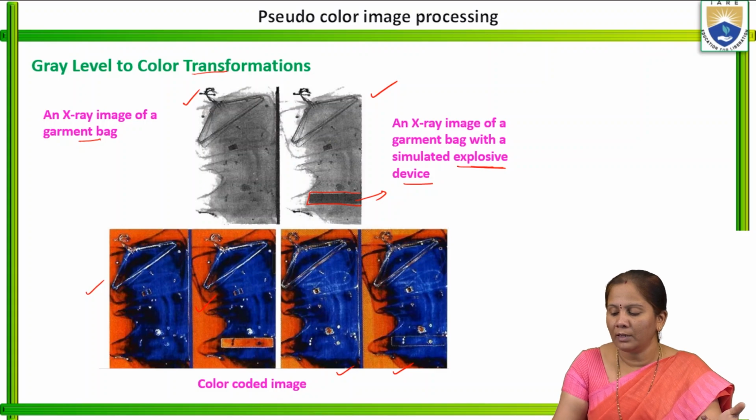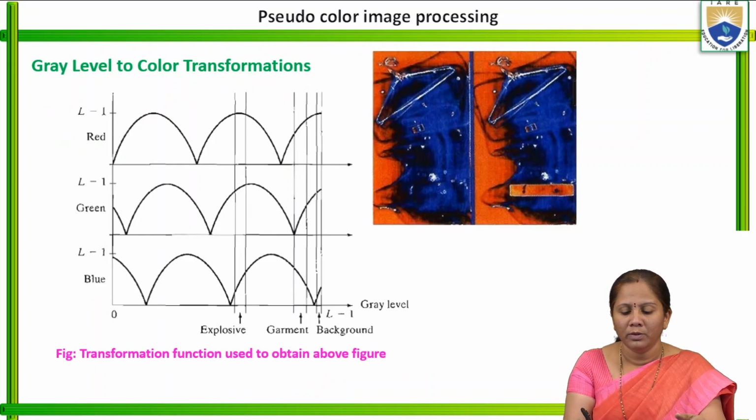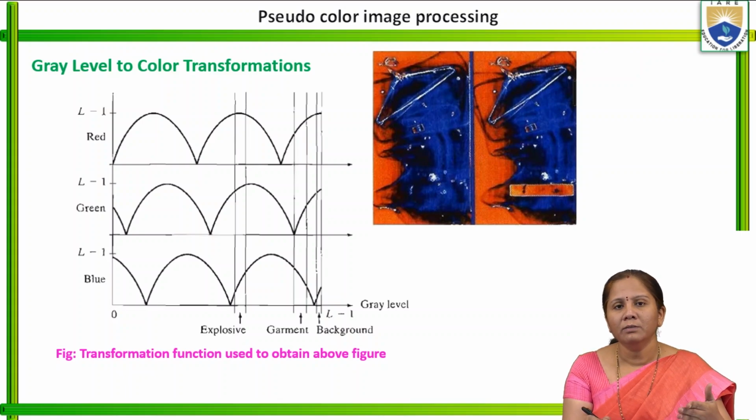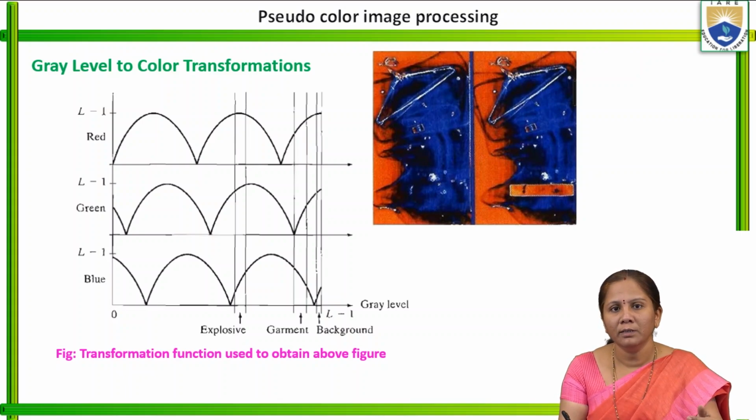So we have different transformations: red, green and blue. Let us see one transformation. If that gray level image is passed through the three transformations, how will the pseudo color image be generated?